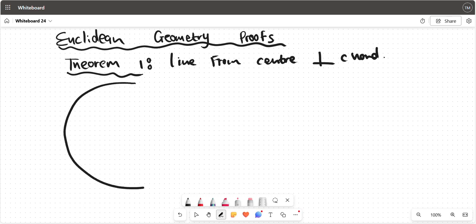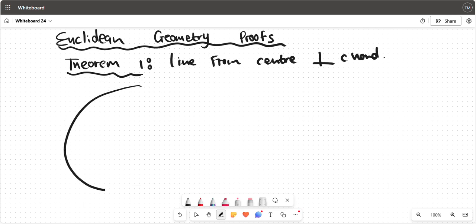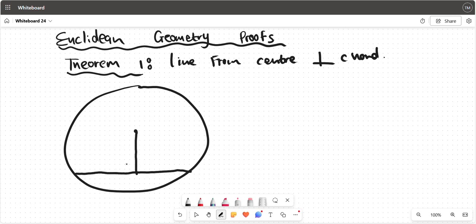Maybe draw it a little bit better. There we go. And what this law says is if you have a line from the center that is perpendicular to a chord, then that line will bisect that chord.